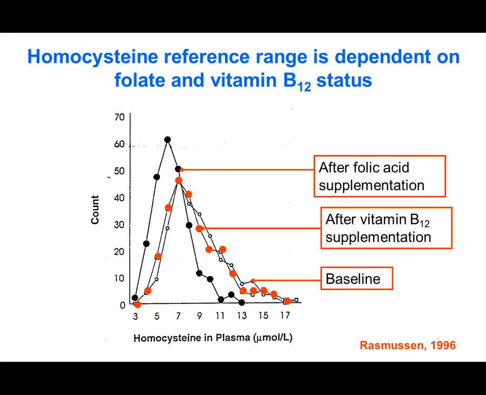This slide shows that the vitamin B12 and folic acid supplementation change the reference range from higher to lower levels, and we concluded that maybe after supplementation the optimal levels were reached in the subjects that were supplemented, and they may reflect a more optimal metabolic procedure, which is reflected by the homocysteine.